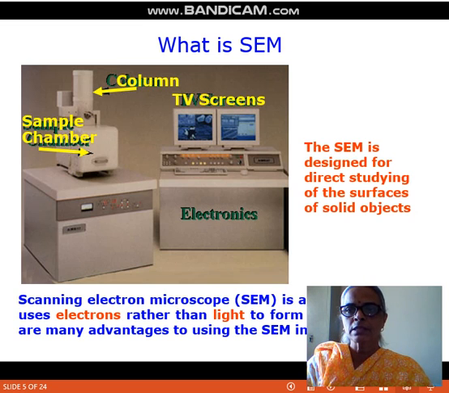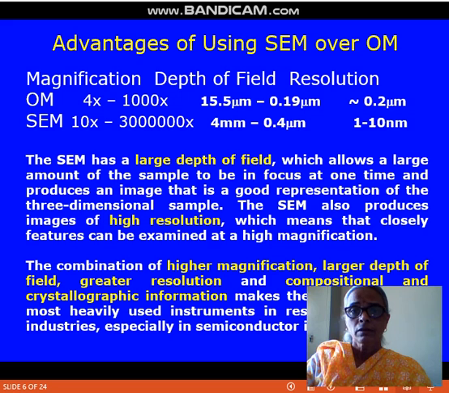So SEM is designed for direct studying of the surfaces of solid objects, and it uses electrons rather than light to form the images. Here you can see the comparison between the SEM and OM. You can see the clear-cut difference in magnification and depth of field between OM and SEM.